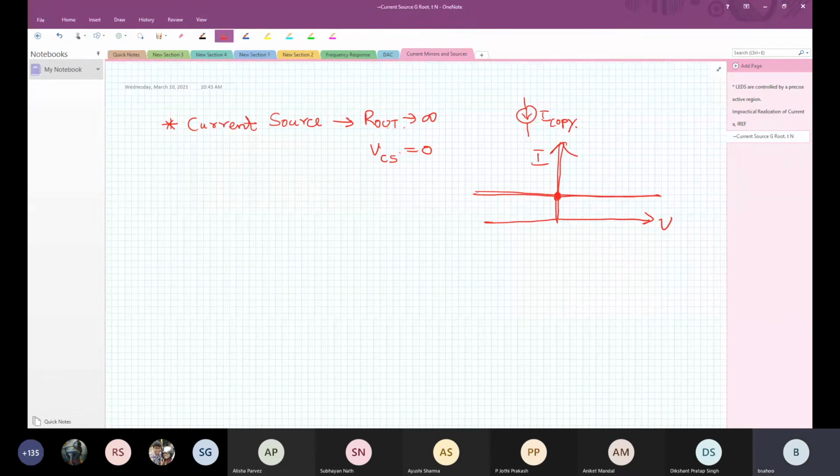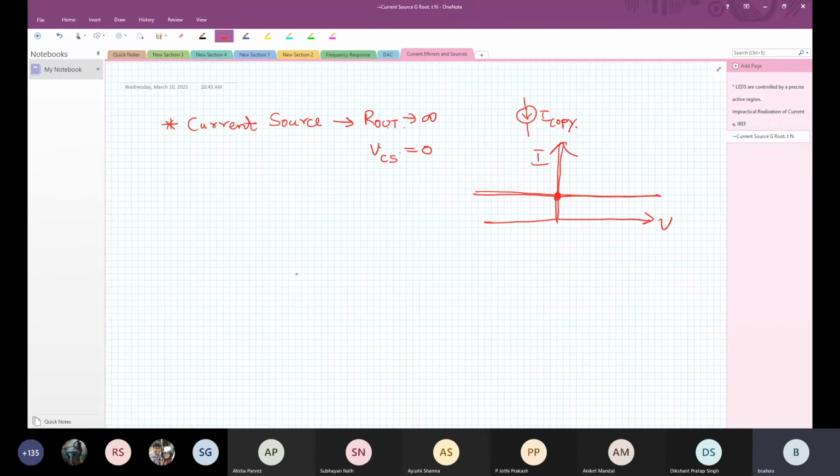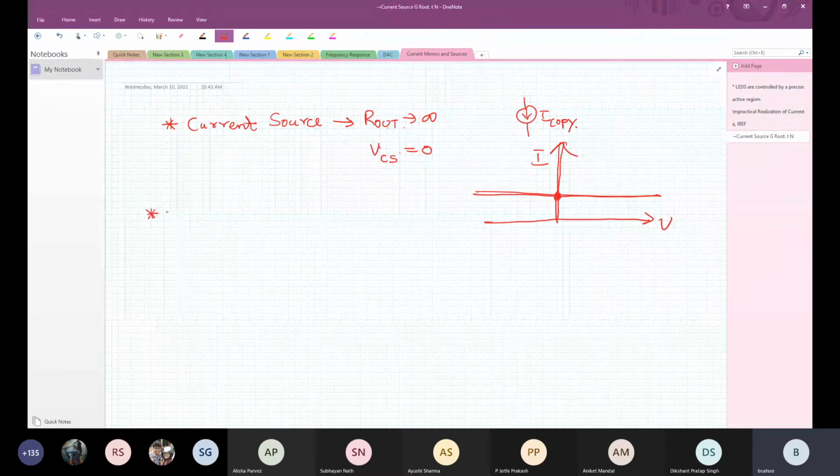Now keep in mind this I copy is providing current to some circuitry, some op amp or some other transistor, or making it flow through a resistor or whatever it is. So any voltage drop across this is going to reduce the swing in the main circuitry. This is just providing the current, right? So the voltage across the current source is called the compliance voltage.